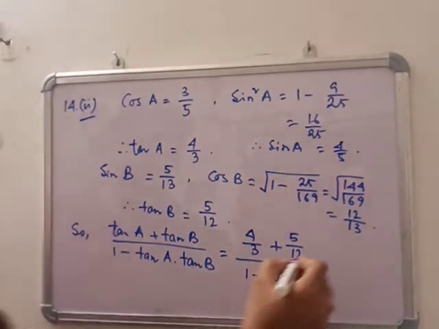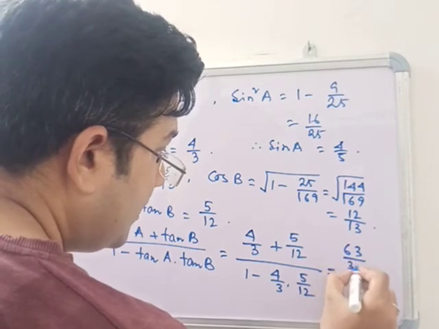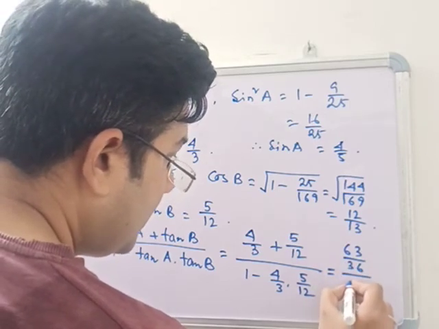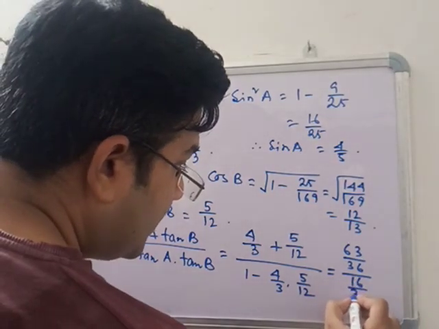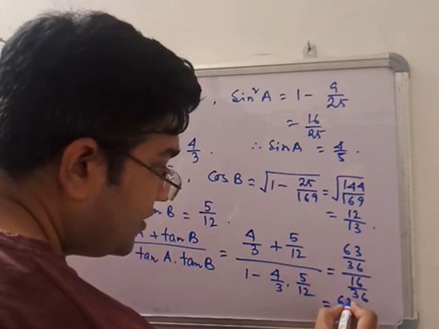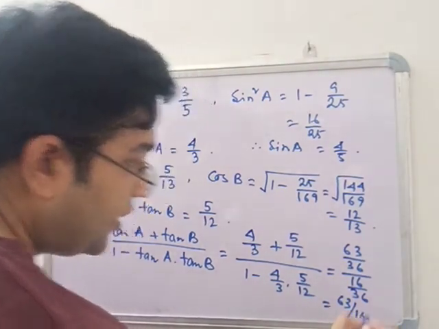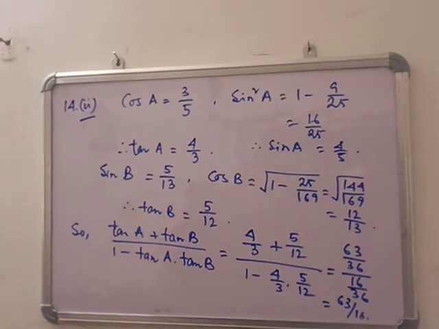So if we calculate, we get 63 by 36 by 16 by 36. So that means 63 by 16. Okay, the answer is 63 by 16. Note down all of it.